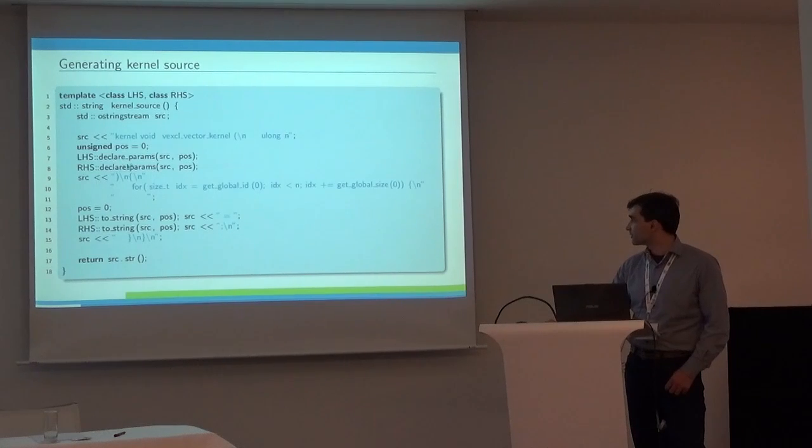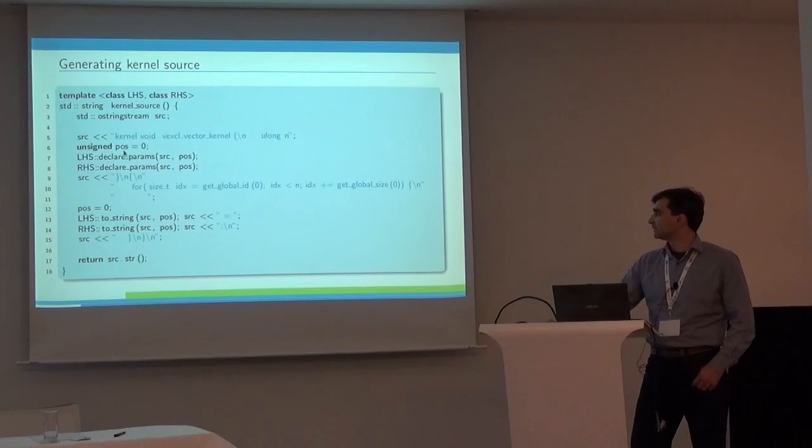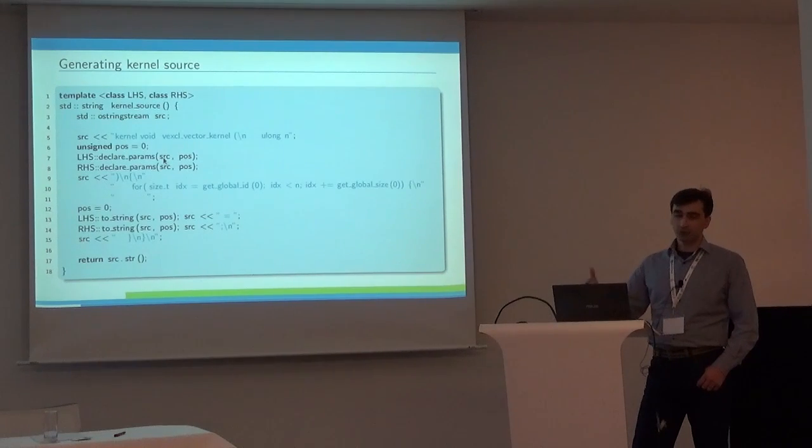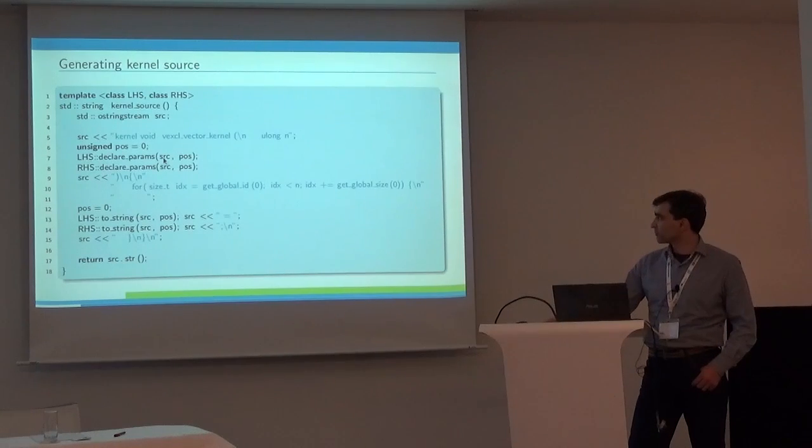Then we declare parameters. Since I need to know the position of the parameters to name them, I provide this outside position variable, which is taken by reference here and increased in each of the terminals.